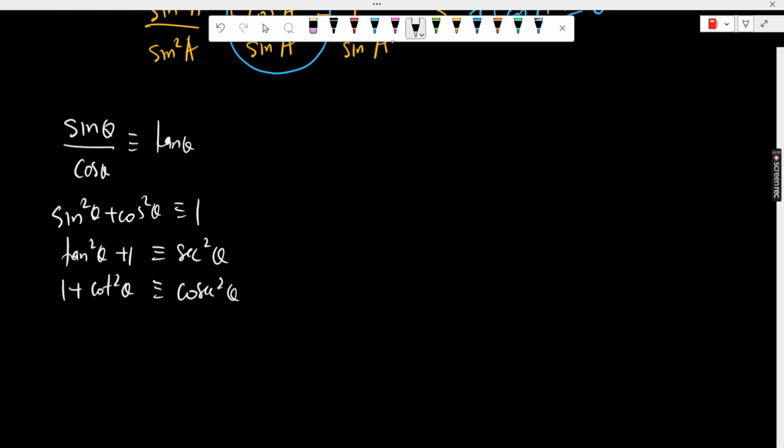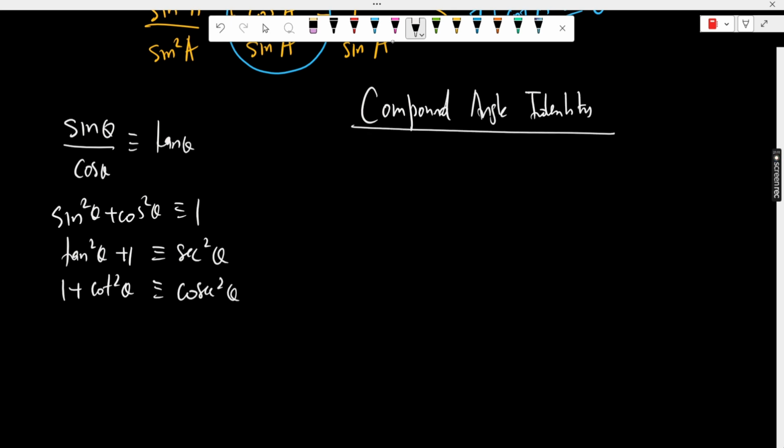Now, let's look at what we call compound angle identities or compound angle formulae. So compound angle identities, and I just write them down. Again, we're not required to prove these. So we can say sine of A plus or minus B is equivalent to sine A cos B plus or minus cos A sine B. The signs at the top go together.